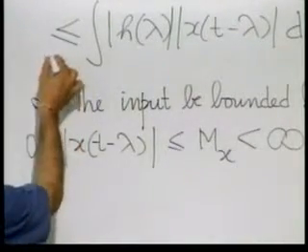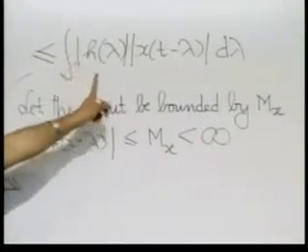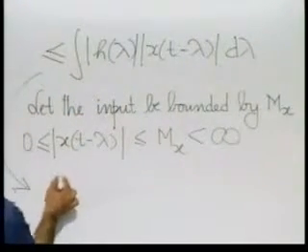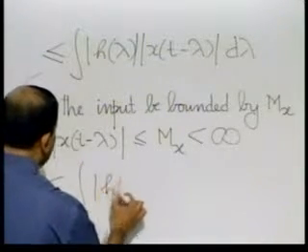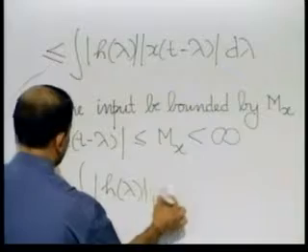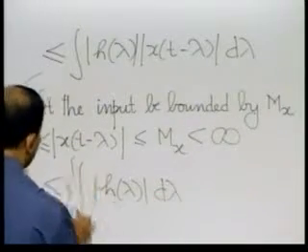Now what can we say about this integral then? If it does converge, it is certainly less than or equal to integral mod h lambda d lambda multiplied by mx, because mx is independent of lambda.